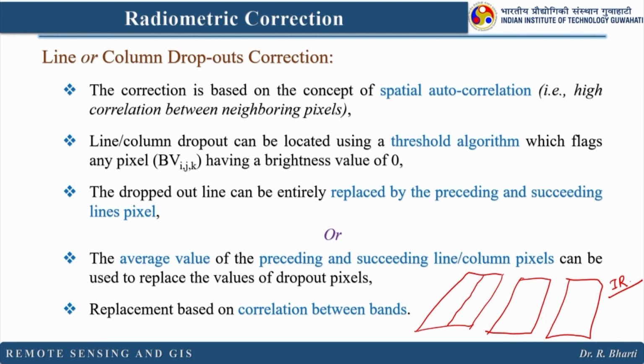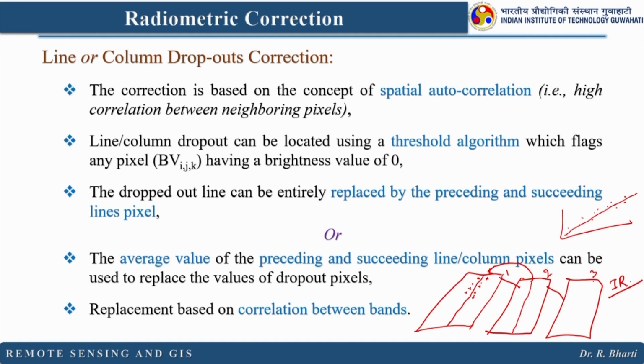Instead of calculating the average of these particular pixels, we can plot the correlation between these bands. You plot all the pixels, say band 1, band 2, band 3, and if they are highly correlated, then it is better to use this particular pixel value and replace the 0 with it, right.